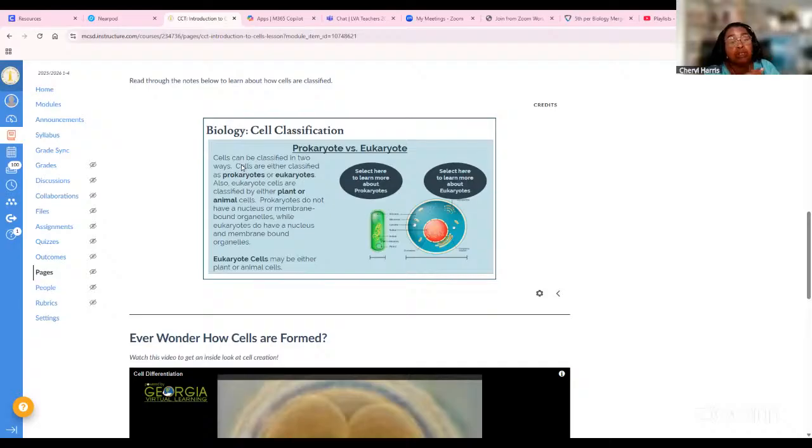Then you have organisms that have DNA, but there's no nucleus, so the DNA is kind of floating all over the cell. So our prokaryotes are the ones that do not have a nucleus or membrane-bound organelles, but they have organelles, and they have DNA, and they're just kind of floating around in the cytoplasm.